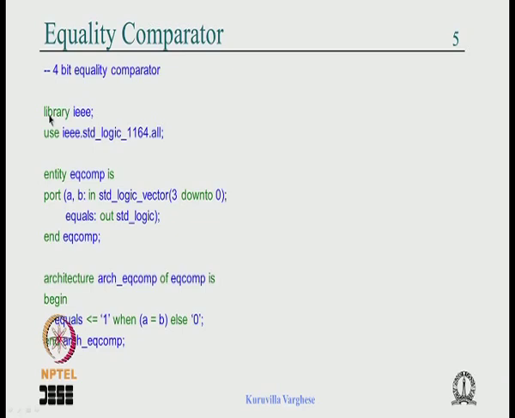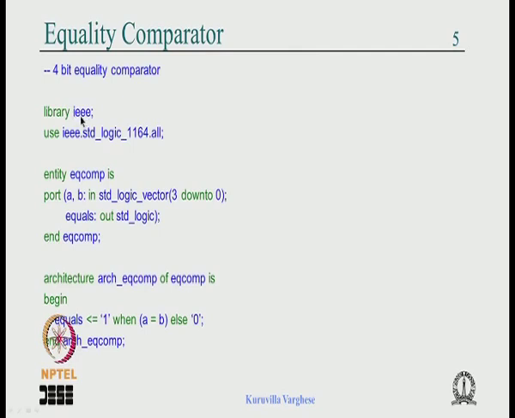For this entity and architecture, we are going to use library IEEE. When you declare this, the IEEE libraries are visible only to this entity and this architecture. Suppose in the same file you write another entity and architecture and you need to use a library, then you have to write library again before that entity and architecture.